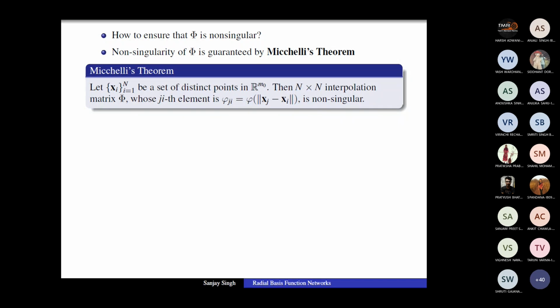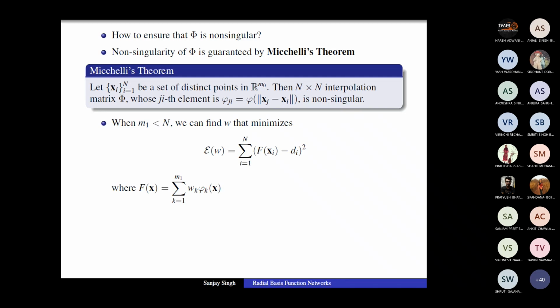Means all the data points in your data sets are distinct. They are not redundant or replicated. If data points are distinct, then your n cross n interpolation matrix phi, whatever you'll be getting, will be non-singular, and it is a guaranteed fact, and it has been proven and checked, right? So this is one way to do this.